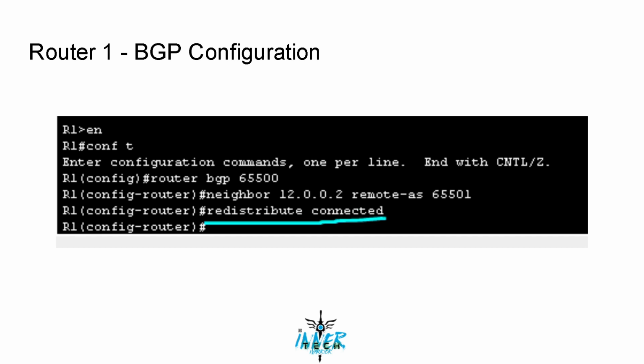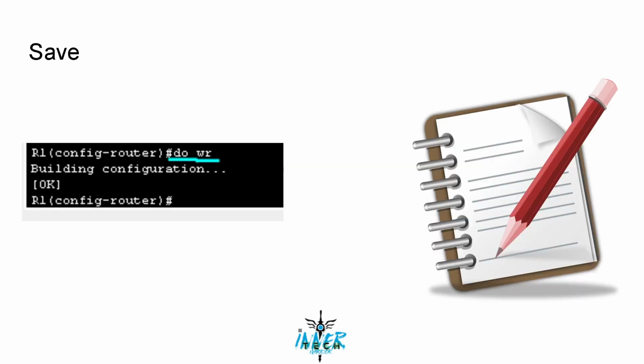And then redistribute connected, which tells the protocol to advertise all the connected routes on this router to AS65501. Save your configuration and update your notes.